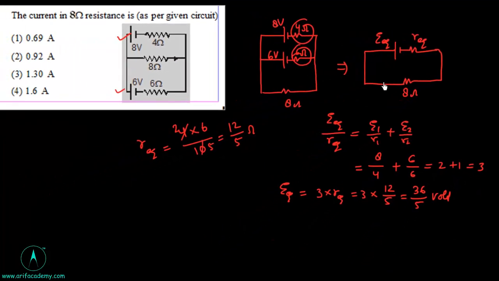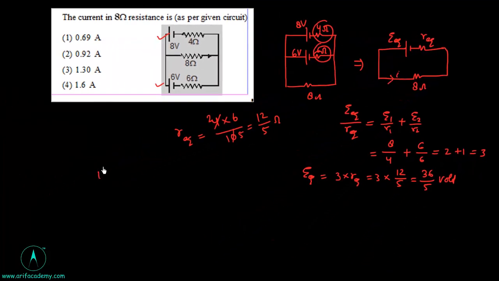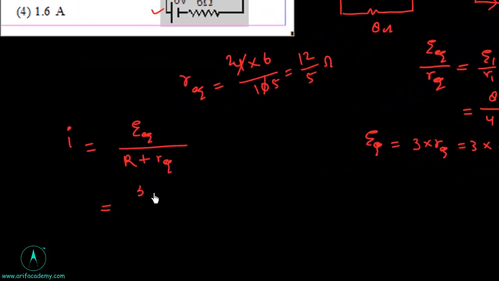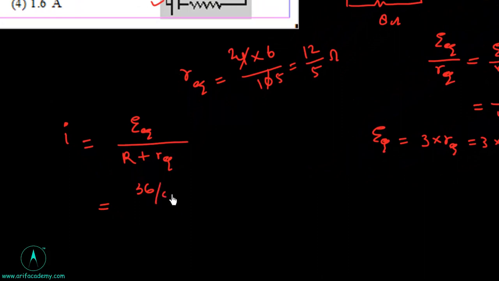So current I will be equal to net EMF E equivalent upon R plus R equivalent, and E equivalent is 36 by 5 whole upon 8 plus R equivalent, which is 12 by 5.